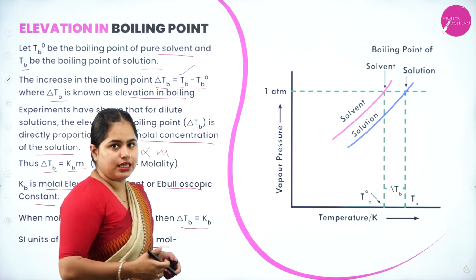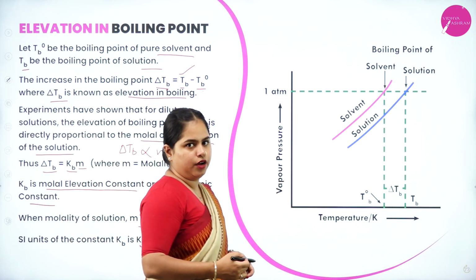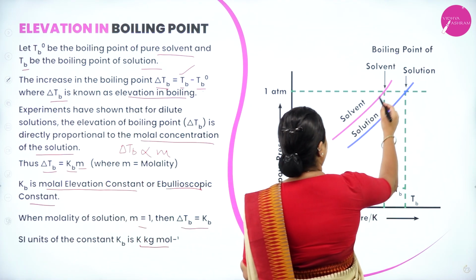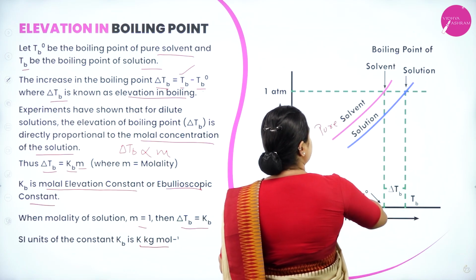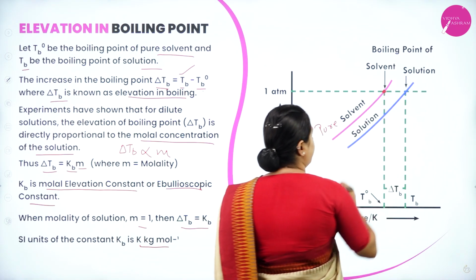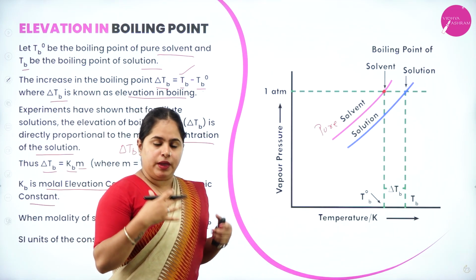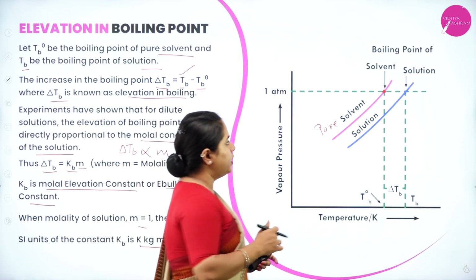Now, let us see the graph here. This is a vapor pressure versus temperature graph. Here you can see this is for the solvent and this is for the solution. This is the pure solvent, and at this point boiling takes place, that is, the vapor pressure of the solvent and the external pressure become equal.